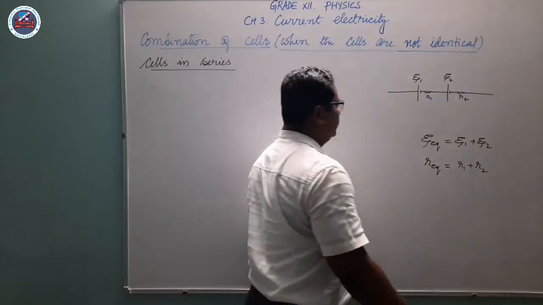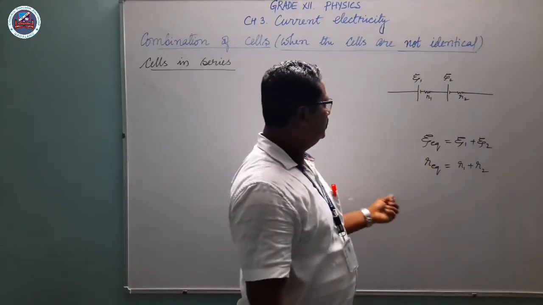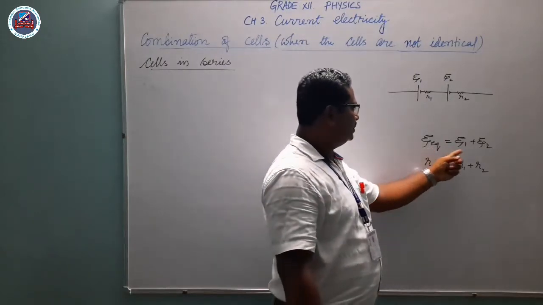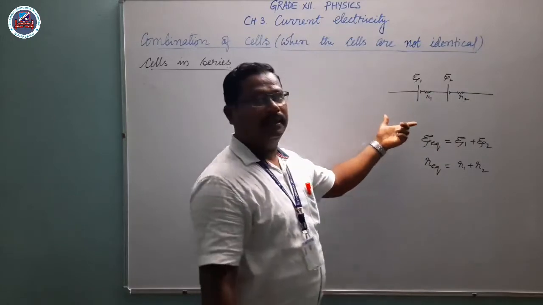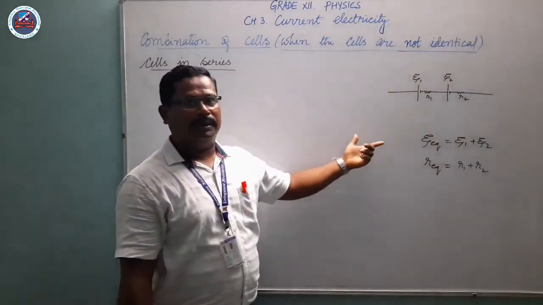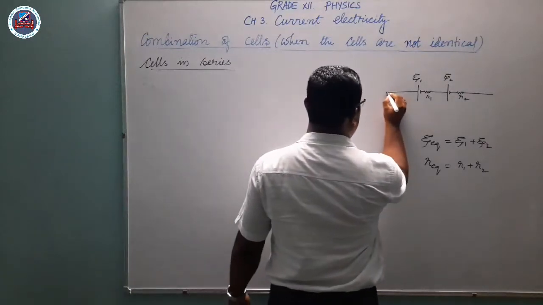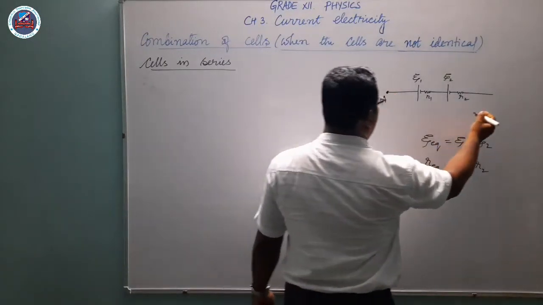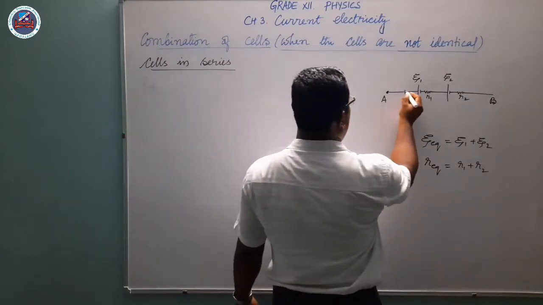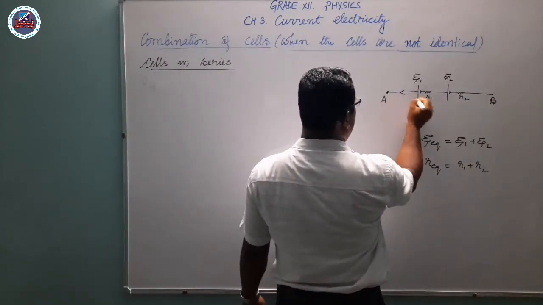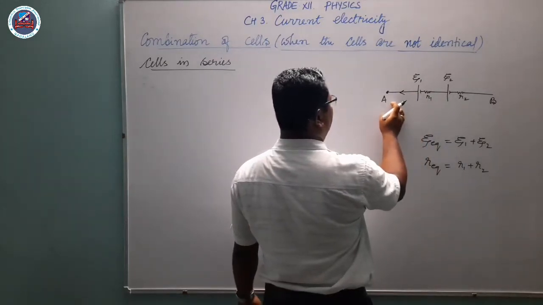If you can remember this, you can solve the numericals, but you may be thinking, how did we get this? To know this, you will have to use Kirchhoff's rule that we have done earlier. Let us take this terminal as point A and this terminal as point B, and let the current flow in this direction, because both the positive terminals are facing the left side.